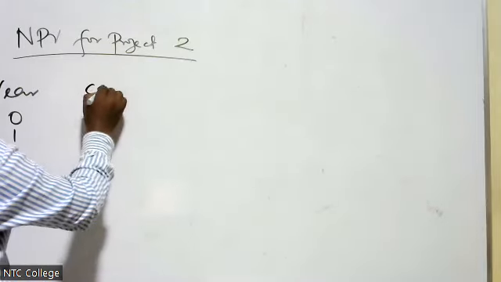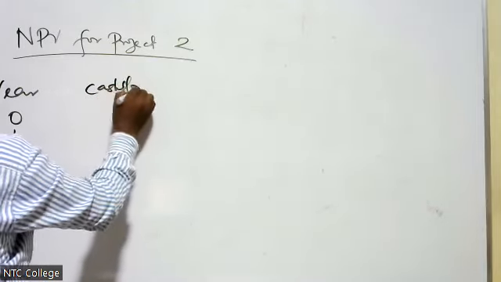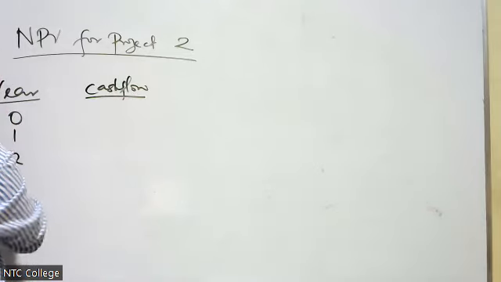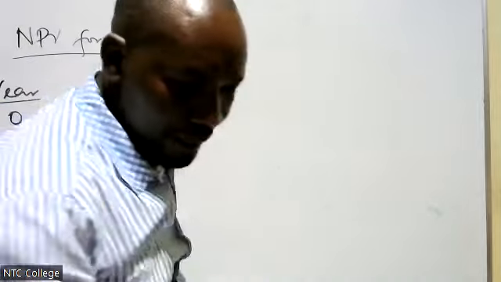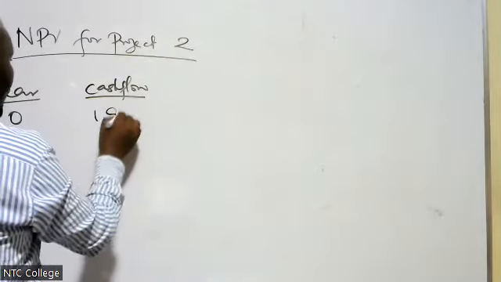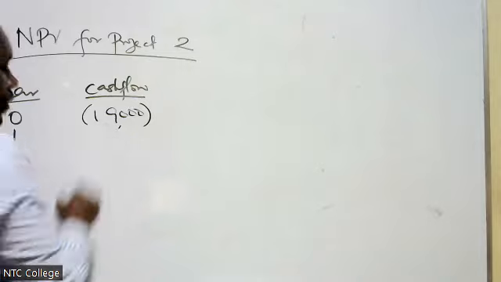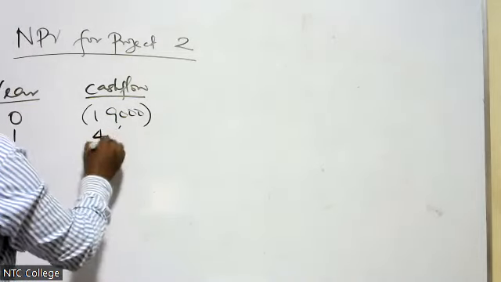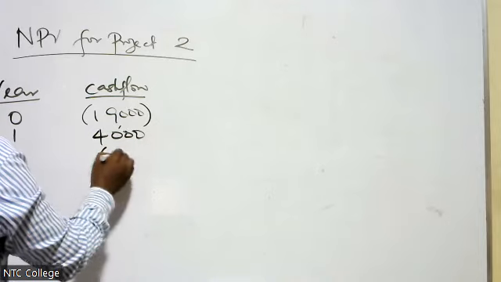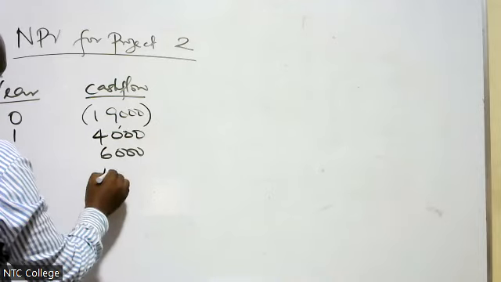Then we have cash flow. Cash flow is how much? 19, we have 19,000. Still, that is what we are having. 4,682, okay? 4,006. Then we have 8.